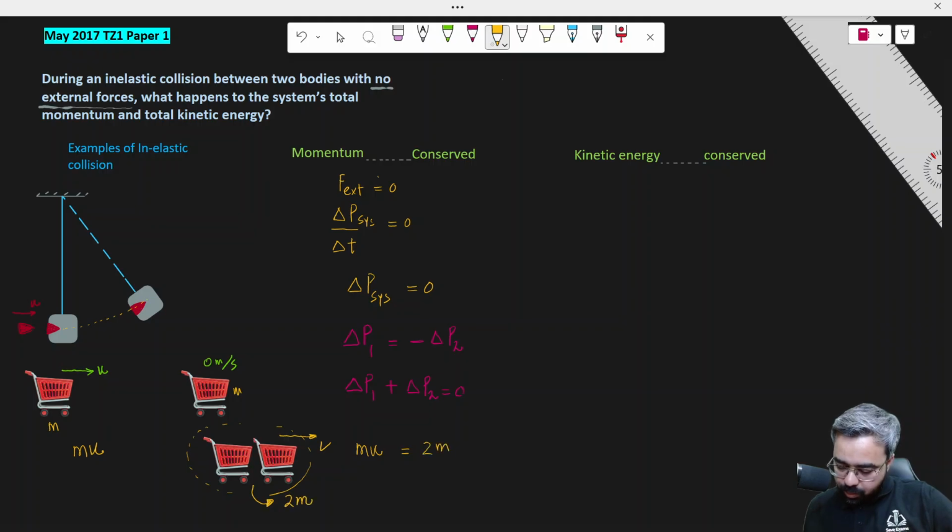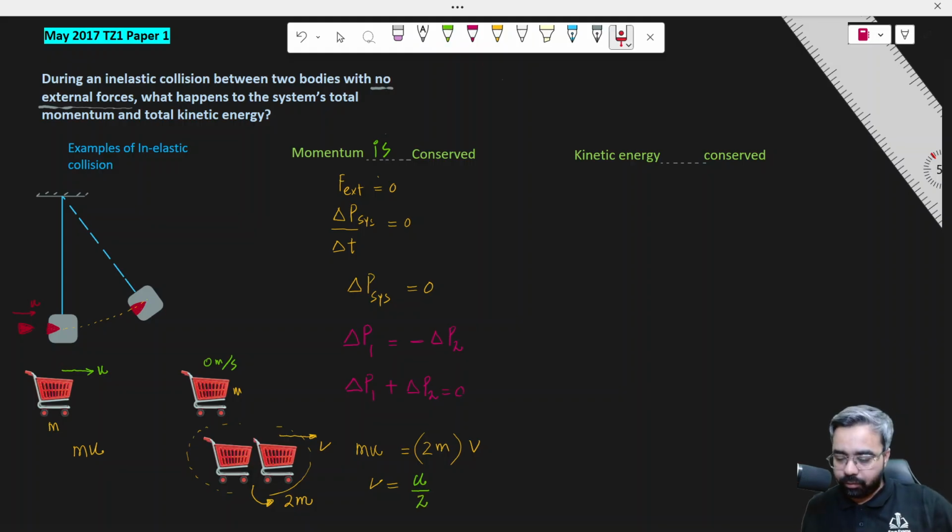So 2m into v. This is what it means. So what is the common velocity that we get from here? Obviously we conclude that the momentum is conserved, and that's why we are able to find the common velocity, which is equal to u over 2.